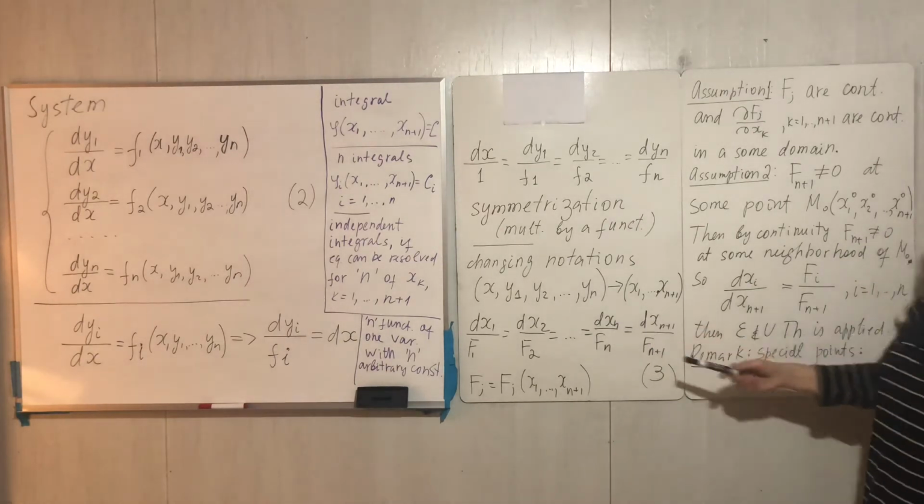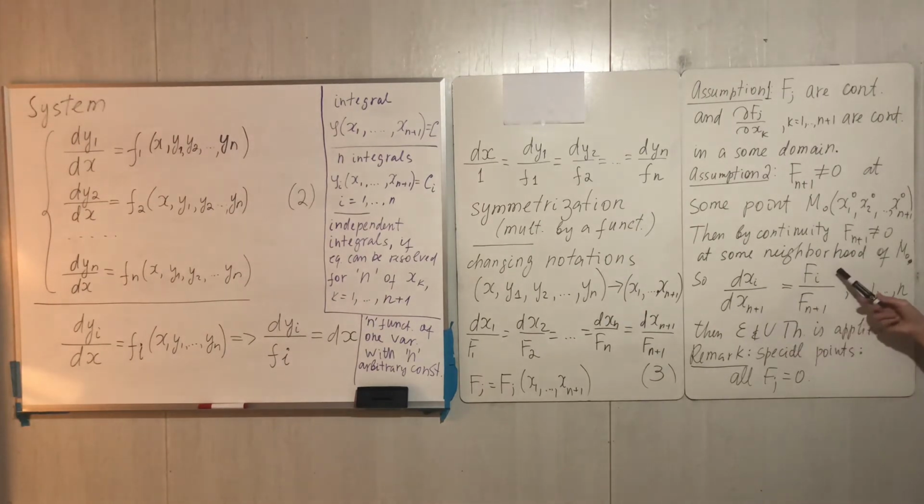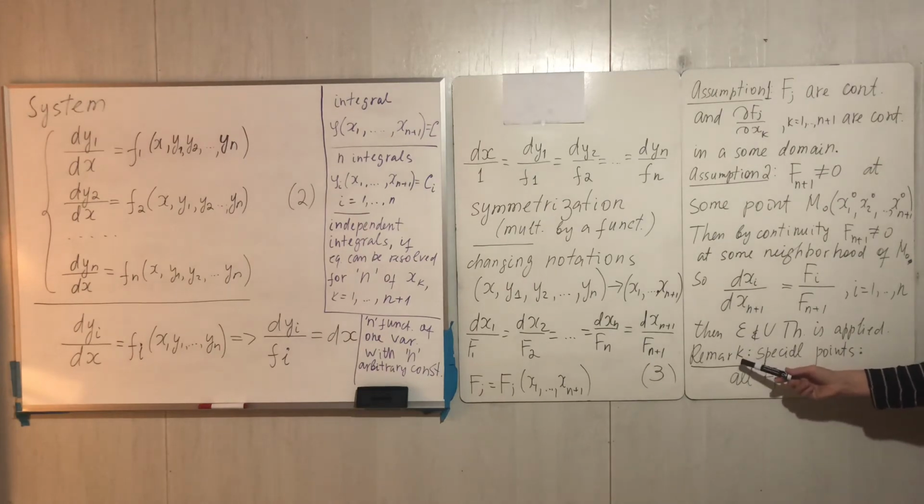So then each equation can be written as dxi over dx n plus 1 equals fi over f n plus 1. So that way we will have in the denominator only this function f n plus 1. So then it would be enough to assume that this function is non-zero at a point, and then the conditions of the uniqueness theorem will be satisfied. So we can comment that we have to talk about special points only if all functions fj equal 0.